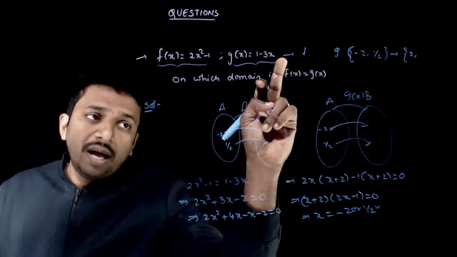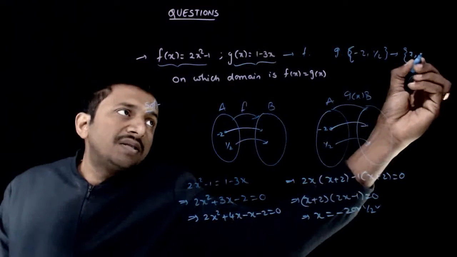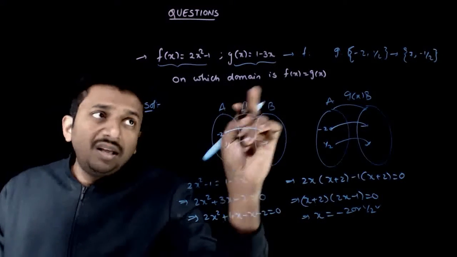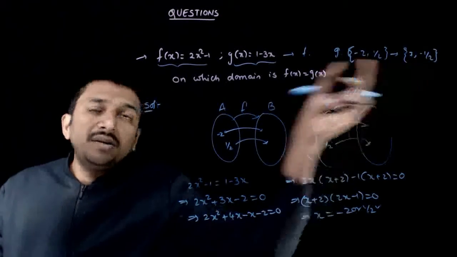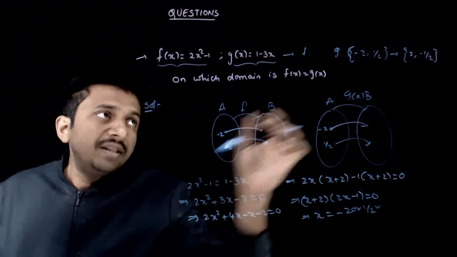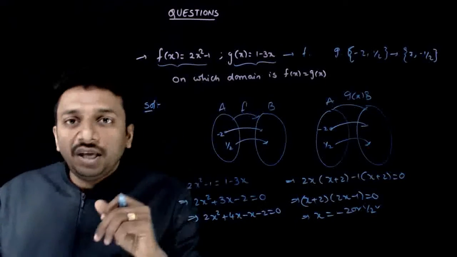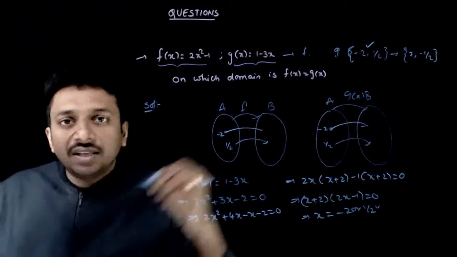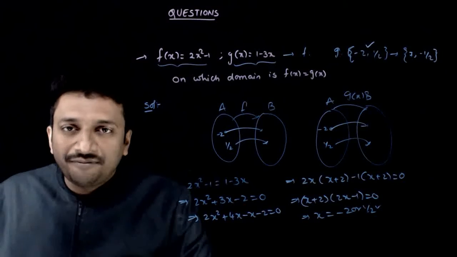If x is equal to half, 1 minus 3 by 2 is minus half. If f and g are defined from this domain to this codomain, then f and g will be equal functions. So the answer will be the set containing minus 2 and half.